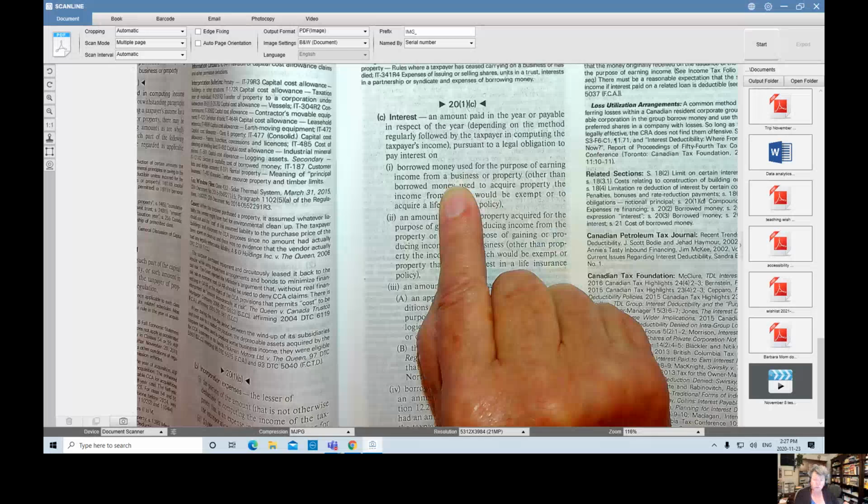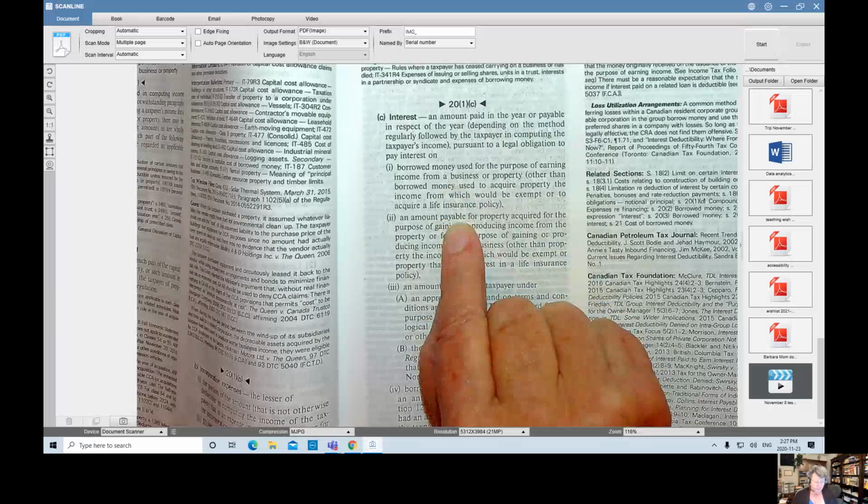Even though it's mortgage interest, you didn't use the money to buy the house, you used the money to buy investment assets. We'll talk about this again, but it's a classic tax planning thing where you tell your clients, pay off the mortgage, then you can borrow and invest, and that typically is a positive thing to do.